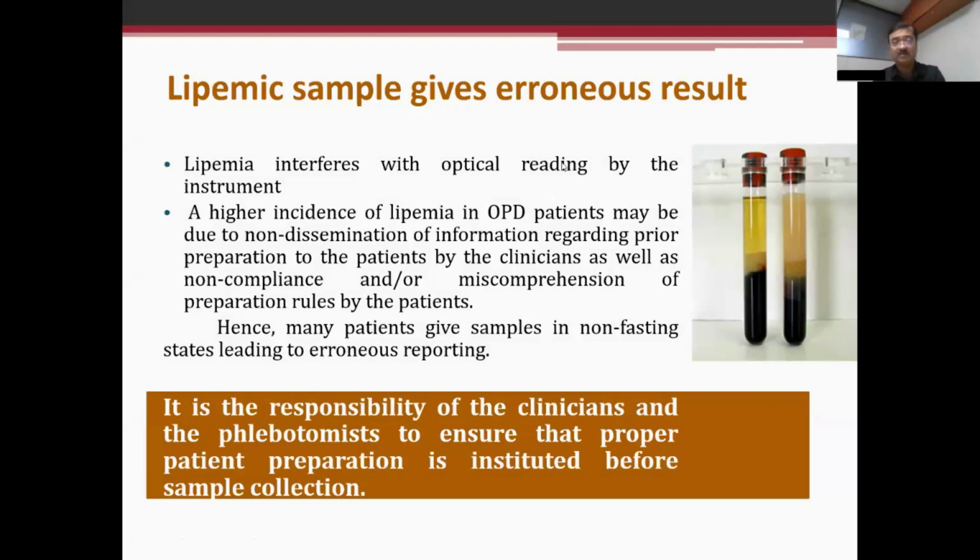Serum will appear very thick because chylomicrons are appearing in the serum, and the most common problem with this is electrolyte abnormalities, which are falsely diagnosed. In a condition like lipemia, you may get a pseudo hyponatremia or pseudo hypokalemia. That is why lipemia is a big problem in the majority of tests.